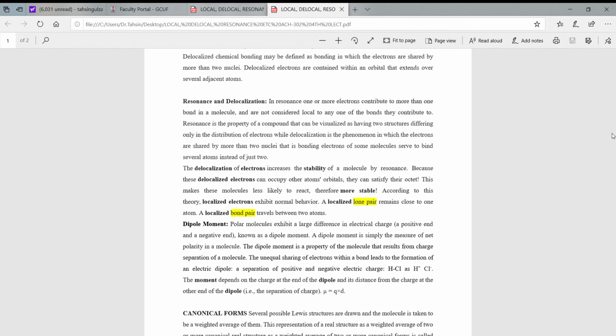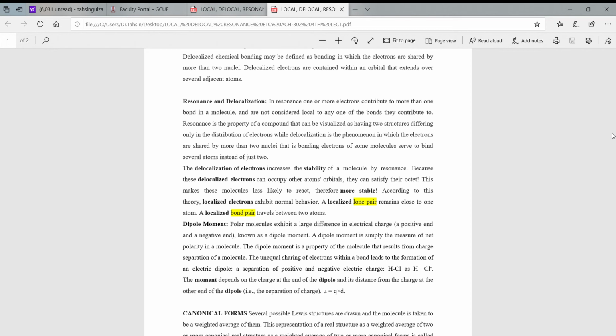So these two structures are due to delocalization of this negative charge. Due to delocalization, there is a possibility of two canonical forms, two resonating forms, two contributors. This is the resonating form of the formate anion.